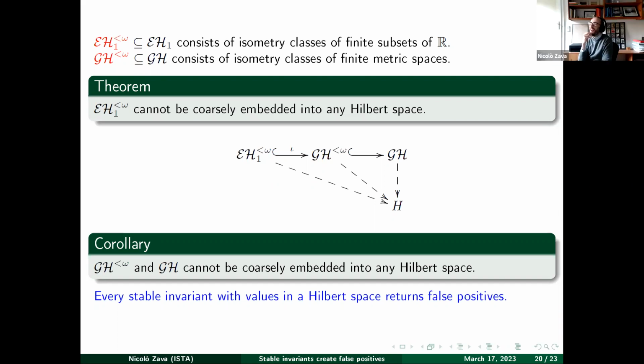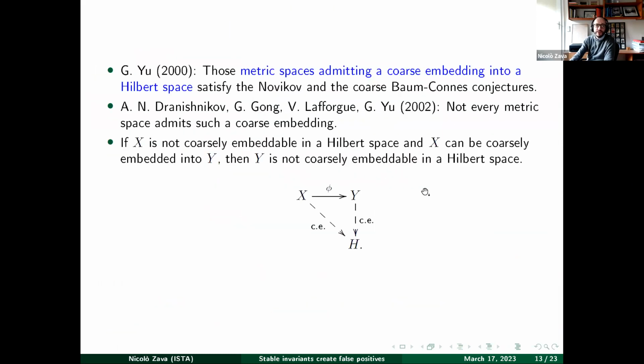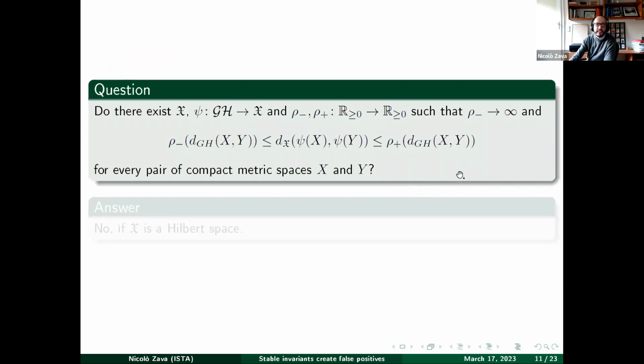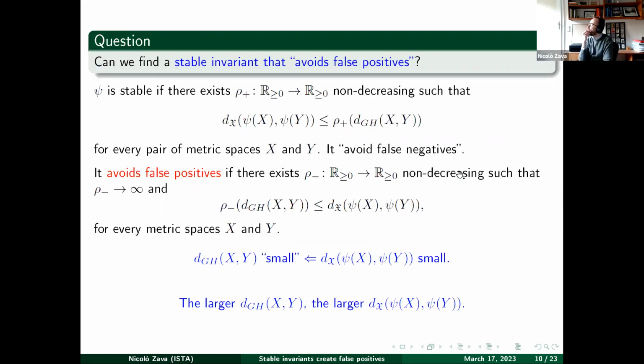Okay. So again, the question here would be, are these two spaces, X and Y, similar? So the positive would be yes, and the negative would be no. You have a false negative if two spaces are actually similar, but your invariant fails to detect it; the associated invariants are very different.